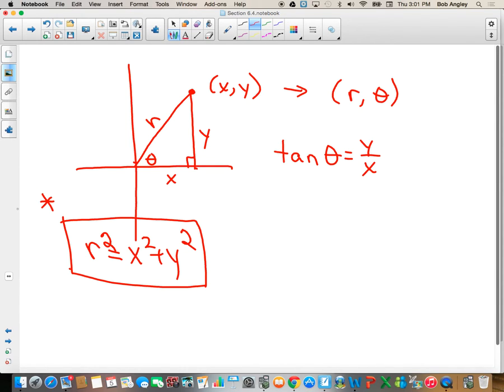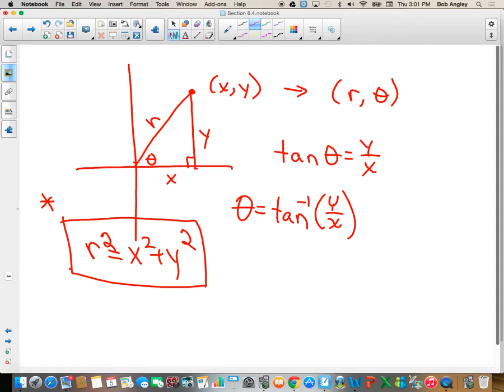Now, that's not the one I want you to memorize for this, though, because most of the time the angle is not going to be something that's on the unit circle, and we're going to have to use the calculator to get it. And so remember, if you're looking for theta instead of for the tangent of theta, you've got to do tangent inverse. So I'm going to write this: theta equals tangent inverse of y over x.